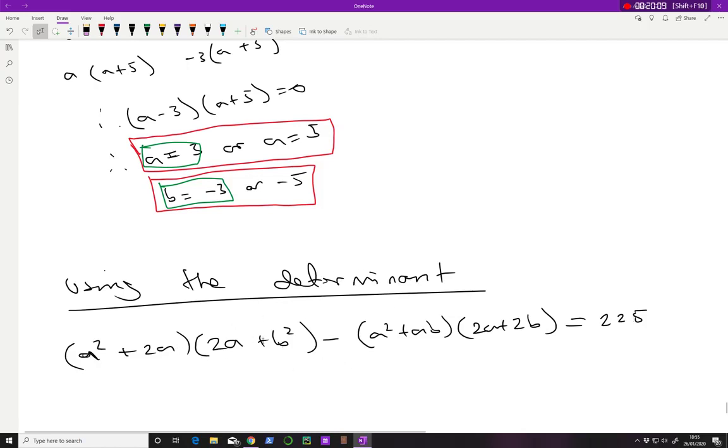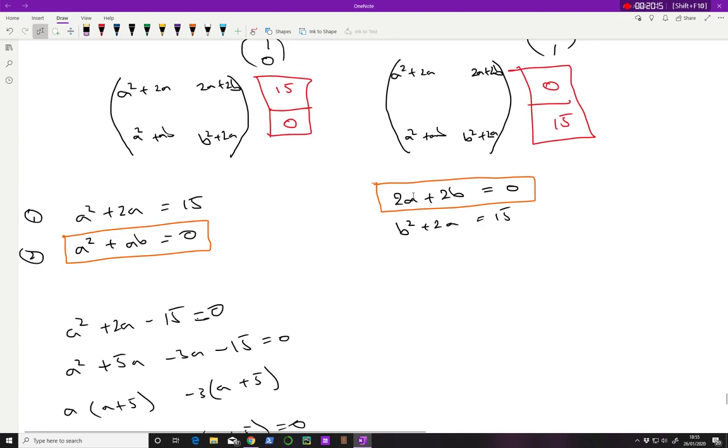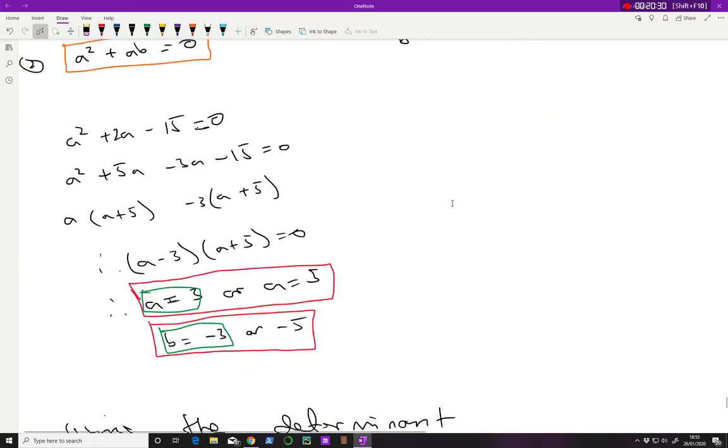Now, we've still got too many unknowns here, a and b. We can only solve for one at a time. So let's come back here. These orange boxed ones still hold true. Either 2a plus 2b equals 0 or a squared plus ab equals 0. Either one is fine. I'm going to go with 2a plus 2b equals 0.